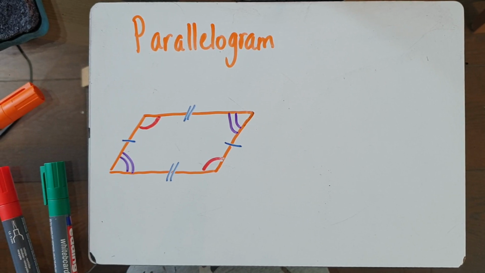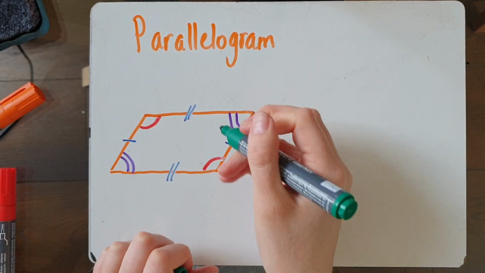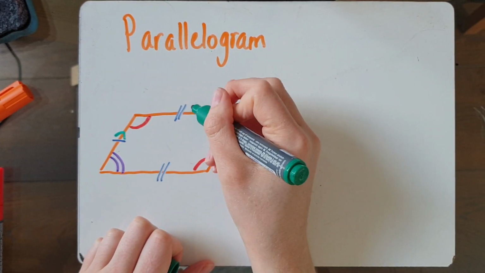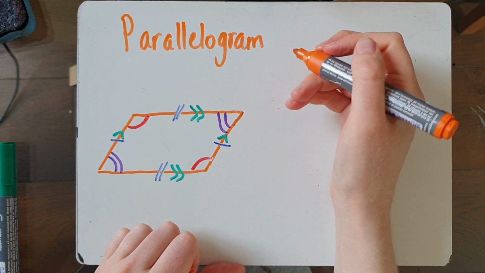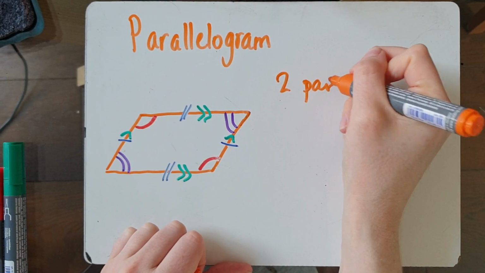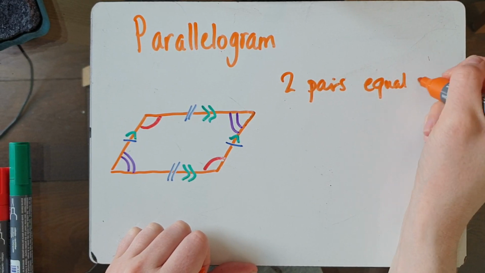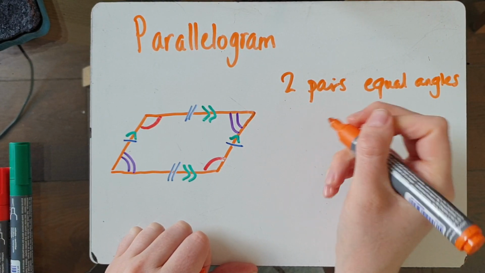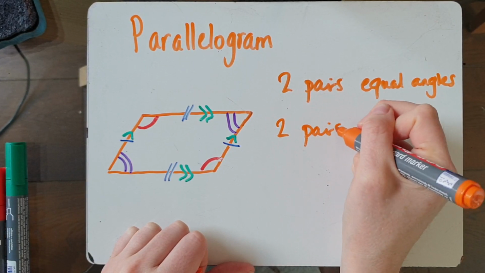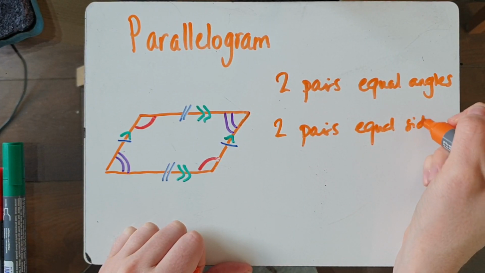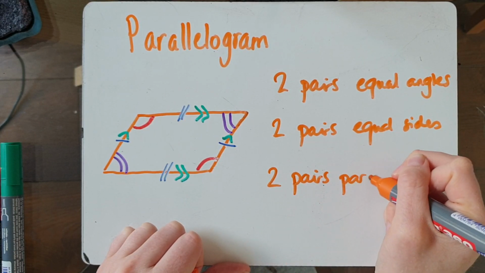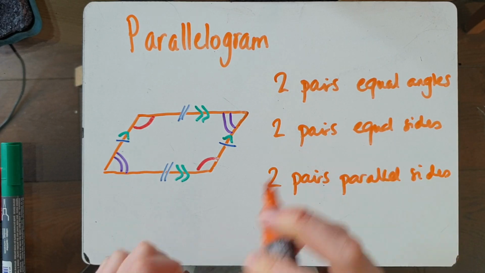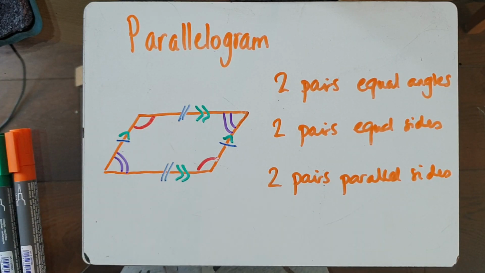And it has 2 pairs of parallel sides, again, like a rectangle. So this one and this one, and this one and this one. So let's write that down. 2 pairs of equal angles, 2 pairs of equal sides, and 2 pairs of parallel sides. Again, copy that down, please.